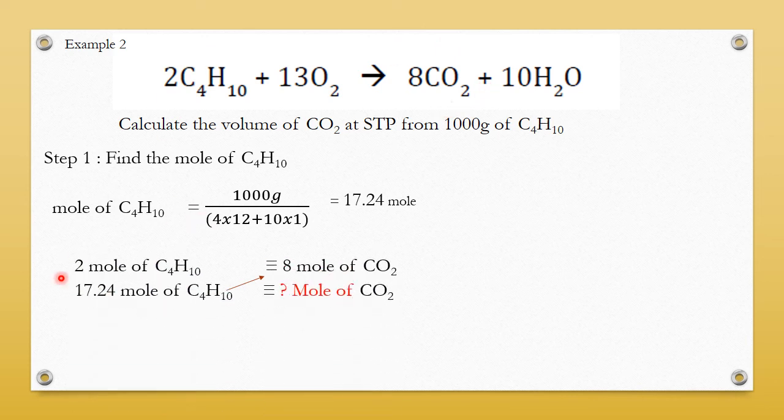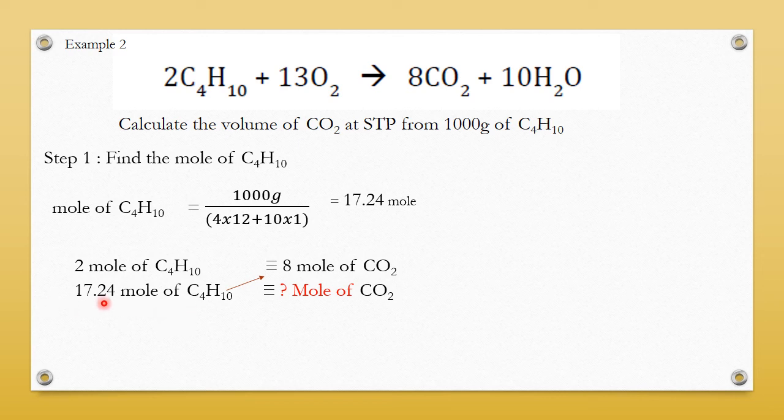First we write the stoichiometry relation based on the balanced chemical equation, which is 2 mole of butane will produce 8 mole of carbon dioxide. And in the actual, we are using 100 gram, which is 17.24 mole of butane.